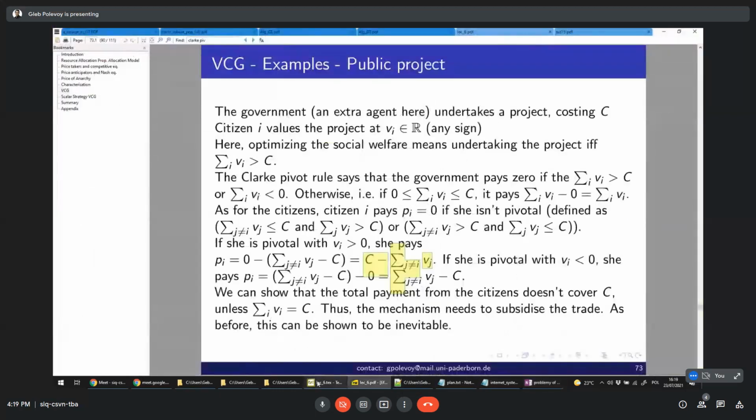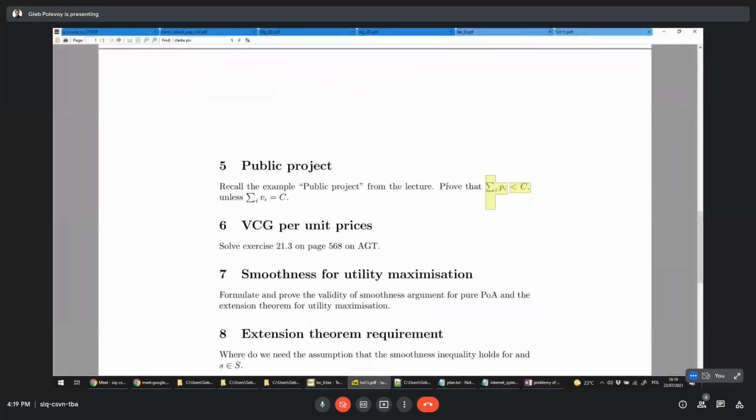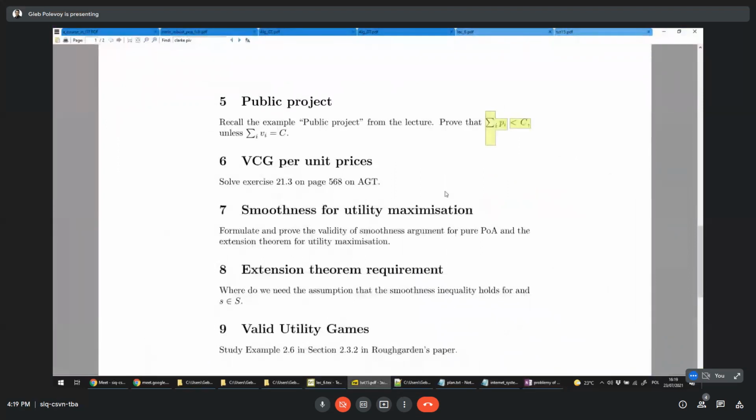Now what we didn't solve is, again, I wanted to solve some exercise about VCG, where I actually show that VCG indeed charges sometimes different prices per player. Not different prices per unit as it can sound, but the price per unit can differ per player.